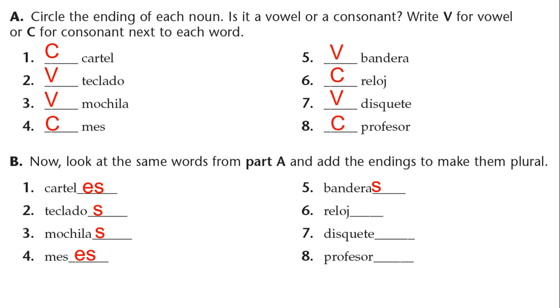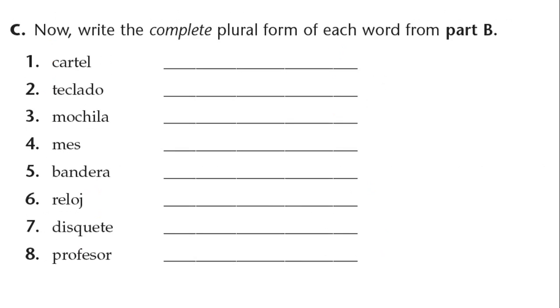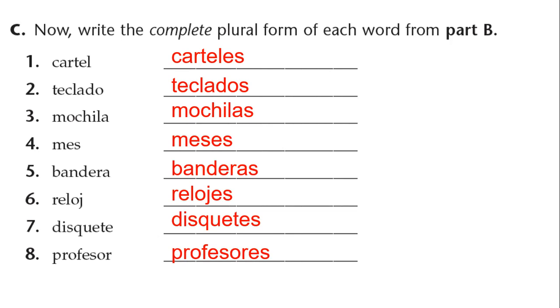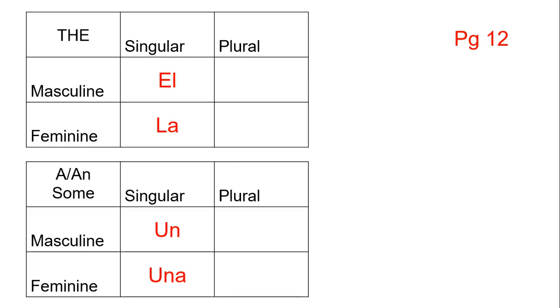Bandera, add S. Reloj, add ES. Disquete, add S. And profesor, add ES. In this next part, you're simply going to write the whole word out. So we have carteles, teclados, mochilas, meses, banderas, relojes, disquetes, and profesores.